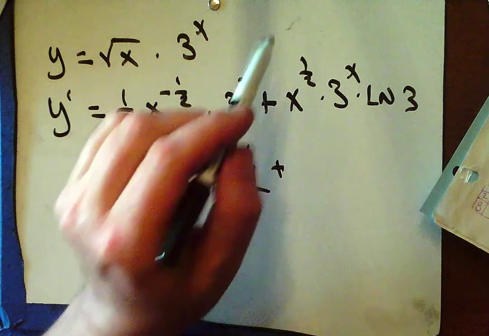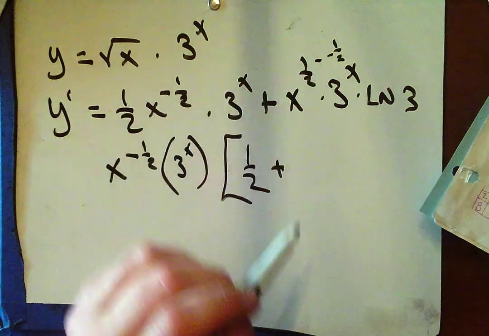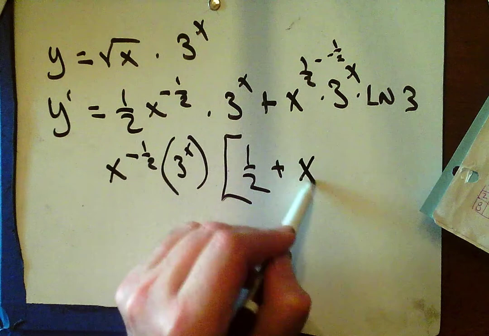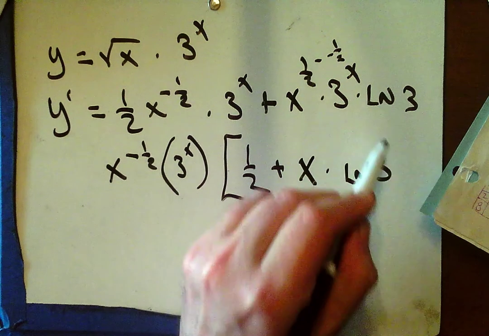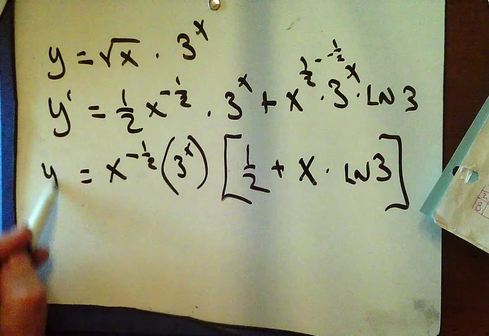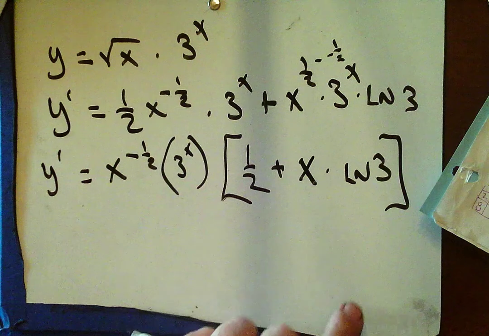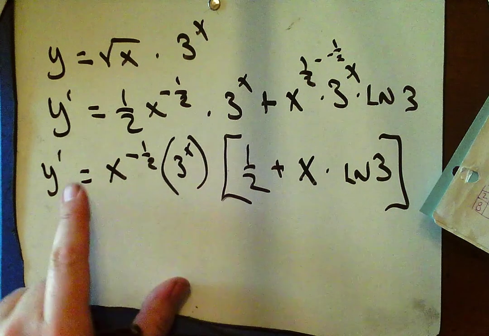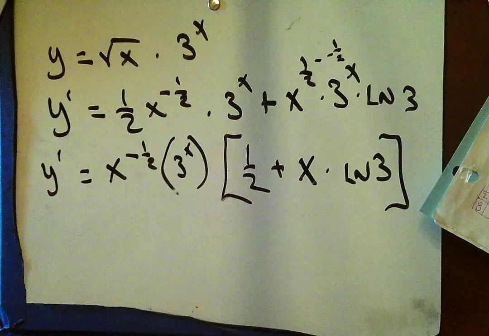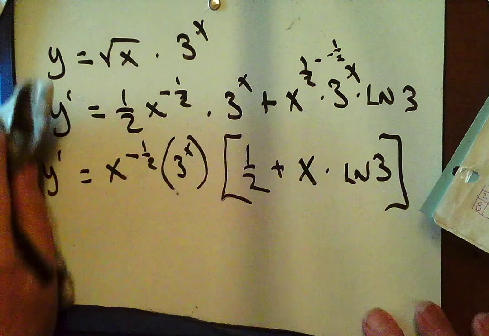I took out this, I factored a negative 1/2 out. So that's going to leave me x times ln 3. All right, there's y prime in its tidy form. And so I would be setting these factors equal to 0. Different critical points, but more on that later.